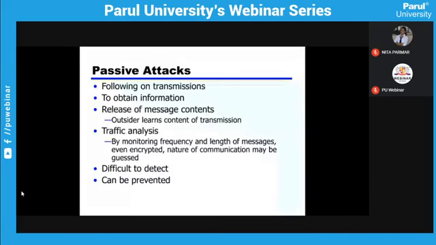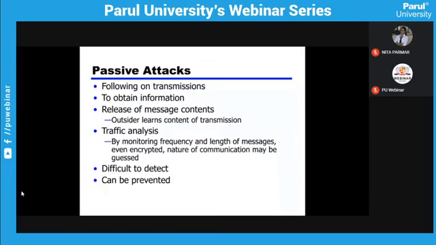So it is very risky, and outsiders can learn the content of the transmission. One more thing is analyzing the pattern of traffic, meaning the pattern of messages sent by you. Hackers use tools to identify the pattern of the traffic, and by analyzing the pattern, they may know the nature of the communication.